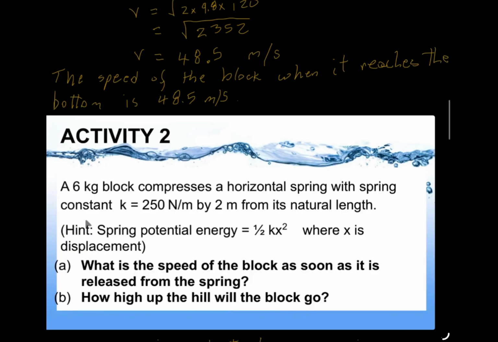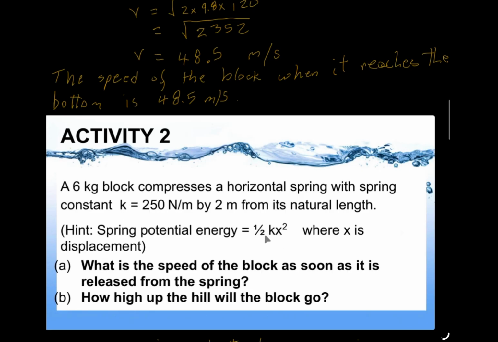Here it says a 6 kg block compresses a horizontal spring with a spring constant k equal to 250 N/m by 2 meters from its natural length. Hint here is that the spring potential energy is given by the formula half kx squared, where x is the displacement, and of course it tells you k here is a spring constant.